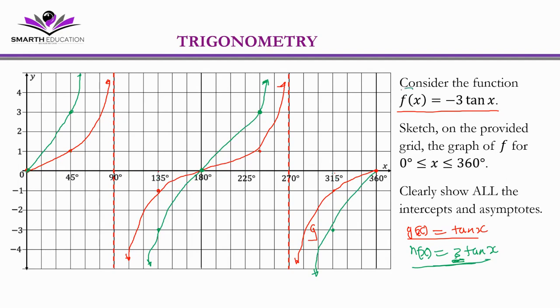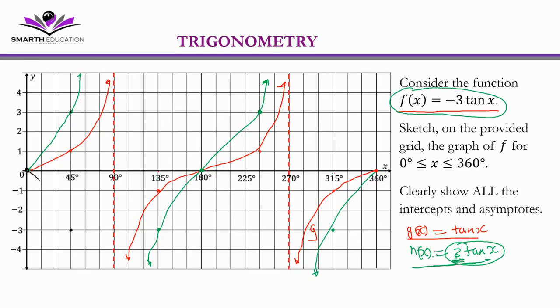Then finally, f of x, which is negative 3 tan x. So negative 3 tan x here is a reflection of h of x about the x-axis. So we're reflecting every point of h of x about the x-axis. So this one remains there, but this one is reflected about the x-axis, so it's negative 3.